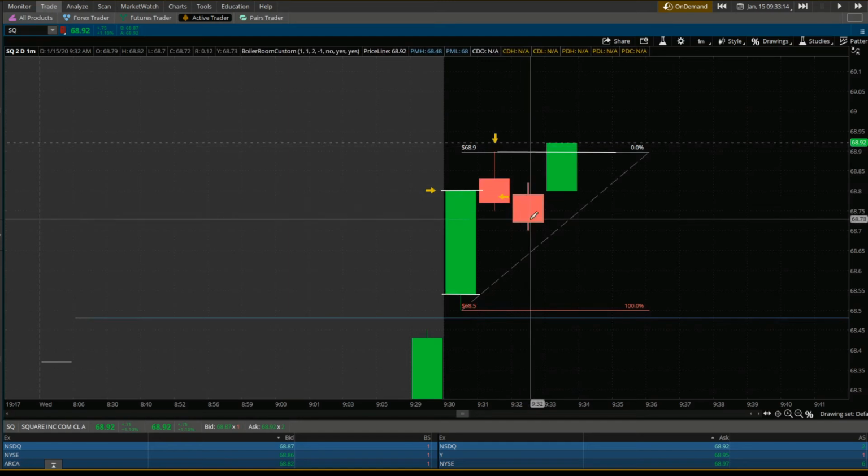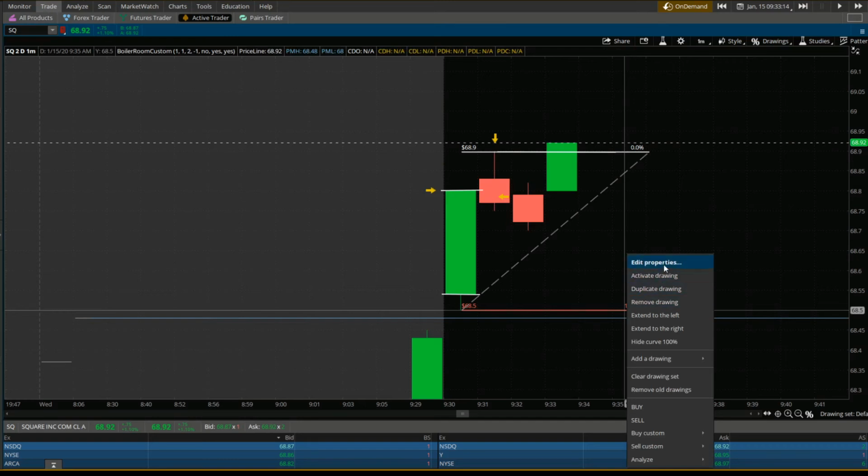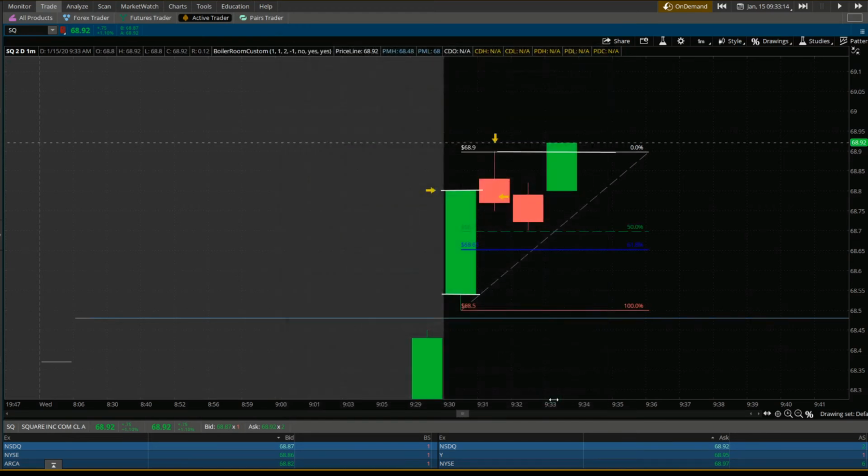So this, the pullback or the retracement, if I was to right click and go to edit properties, it has all these lines. And what people primarily use is the 618 and the 50% retracement. So if I click that on, here's my 50% and here's my 61.8% retracement.